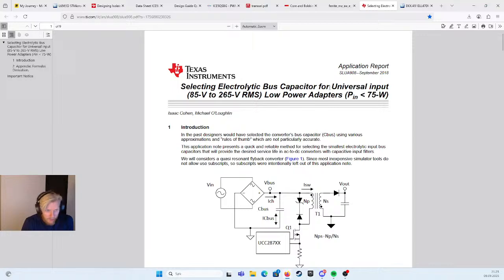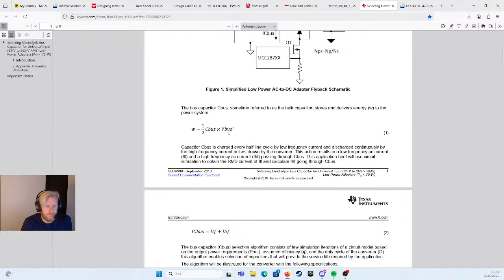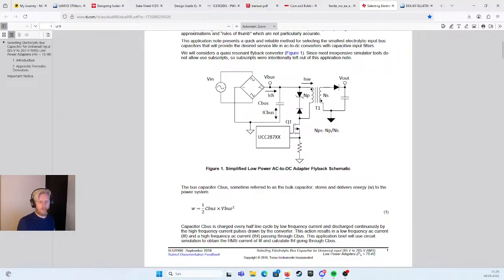Selecting electrolytic bus capacitor for universal input. The bus capacitor is sometimes referred to as the bulk capacitor, stores and delivers energy to the power system. So it's this one. After the bridge rectifier, we need a capacitor to store the energy at times, so basically when the MOSFET here is open, right?